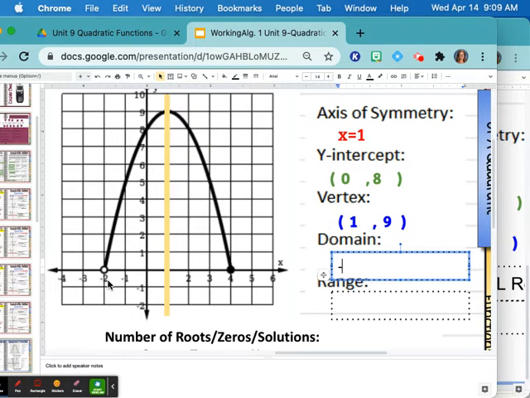So x is between -2 and 4. But then we need to know what kind of symbols. So in this case, is -2 included? No, so it's just going to be less than because we go from least to greatest. And then the other one, it'll be less than or equal to because it is included.